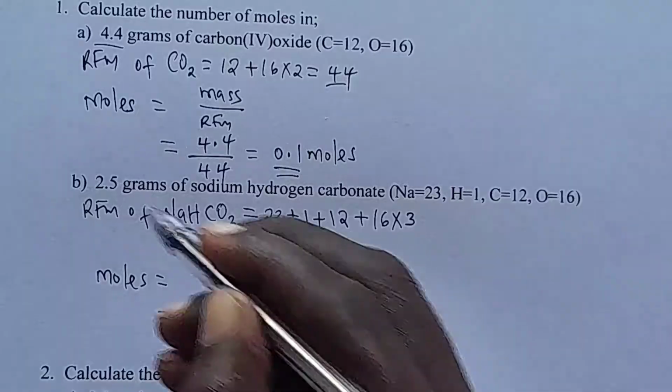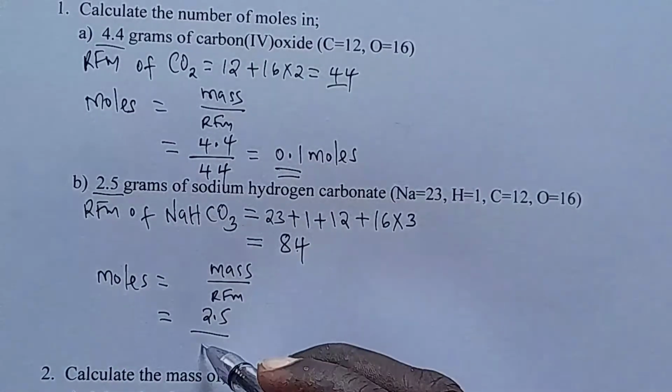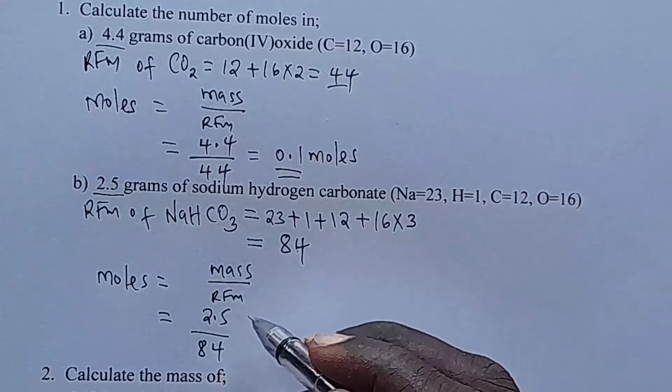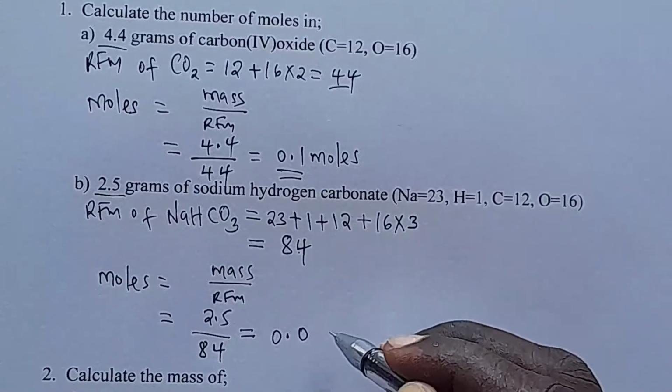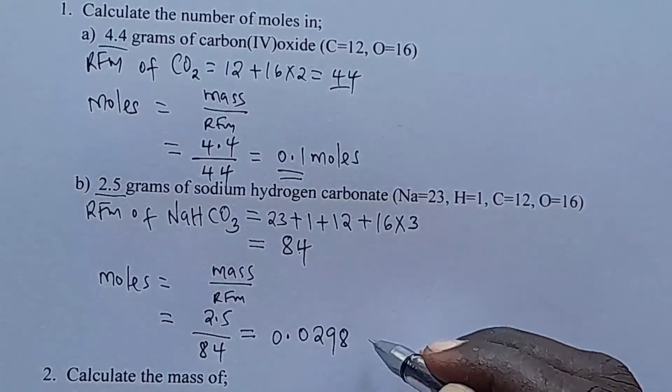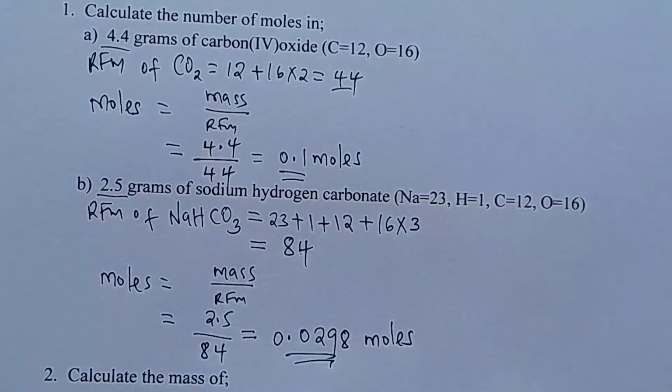Here my mass is given, 2.5, divided by the RFM, which I've gotten as 84. So if you put this in your calculator, we are going to get 0.0298 moles of sodium hydrogen carbonate.